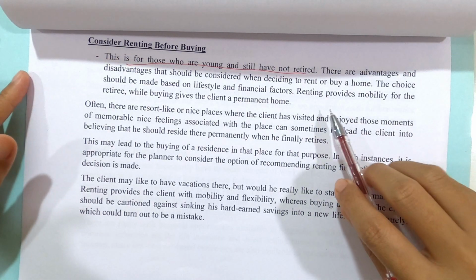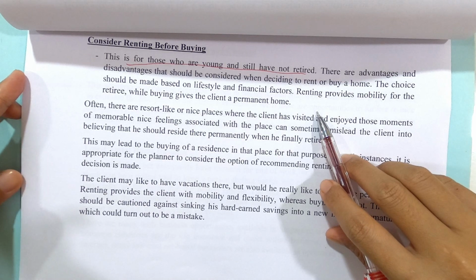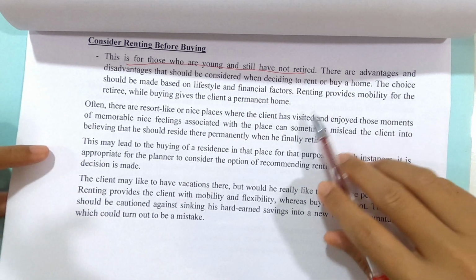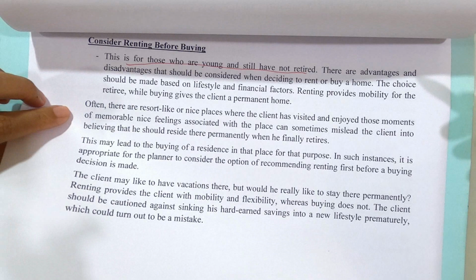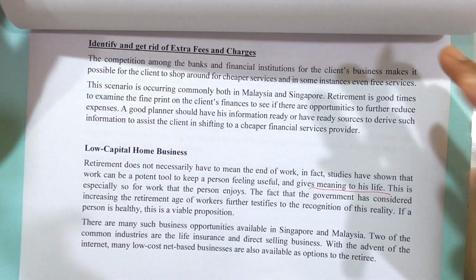If your client is still young, possibly it is also a good alternative for your client to rent before buying a property, for example. So this is also part of the things that can save the fund.